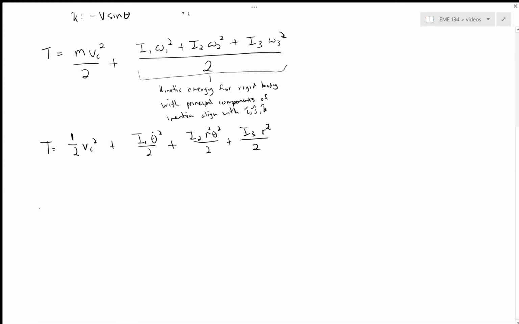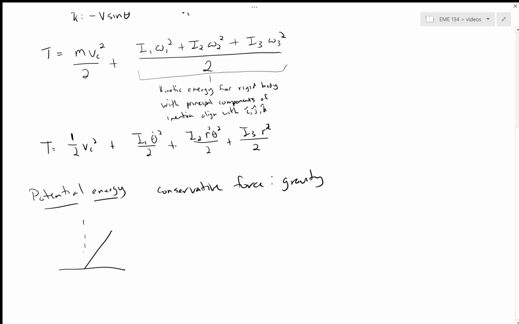So we need to figure out potential energy also. We have a conservative force, gravity. And if we look at a rigid body here with our mass m, it's h above with a pendulum length here of h, then the height above the ground is h cos theta.